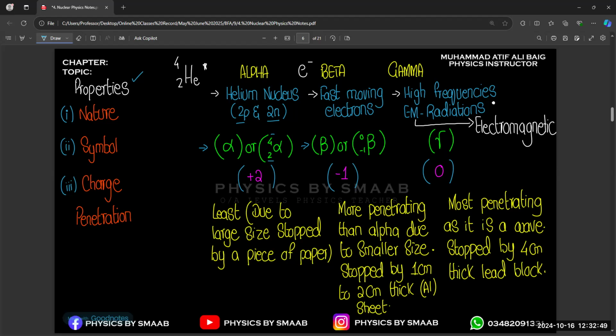Okay. And the next thing is penetration, right? For example, if you strike alpha on something, maybe it will pass through that material or maybe it will be blocked by that material.